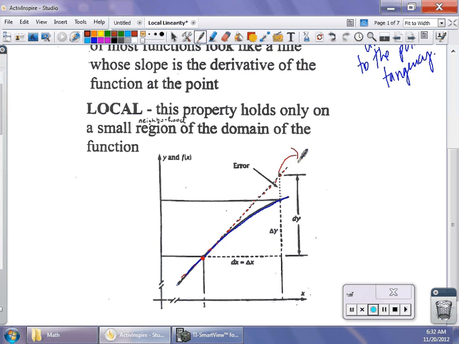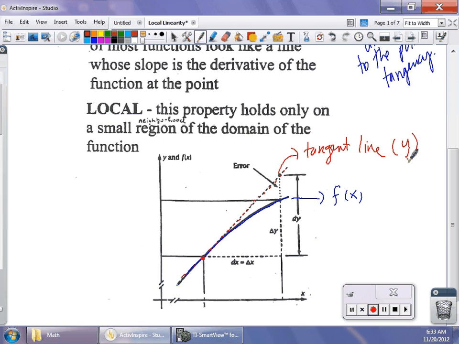This is the tangent line, and the blue is the given curve, which they call f of x. So red is tangent line, blue is f of x, and I'll call the tangent line y, because that would be the name of my line if I were to write the equation of that line.